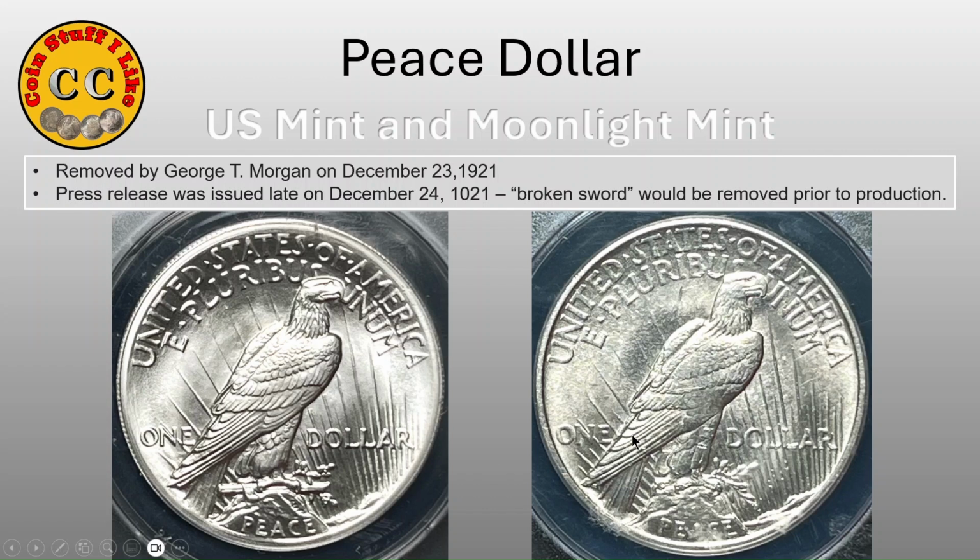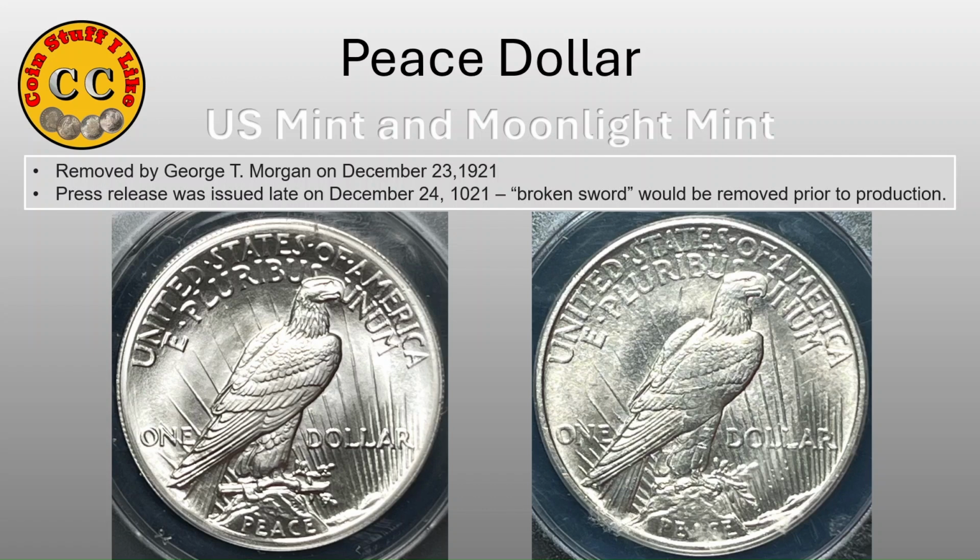So it was not known for 85 years that this work was done. It was 85 years later that it was revealed that this work had been done by George T. Morgan on December 23rd, 1921, with the guidance or approval of DeFranceschi, who was present. So a press release was then released the next day, December 24th.